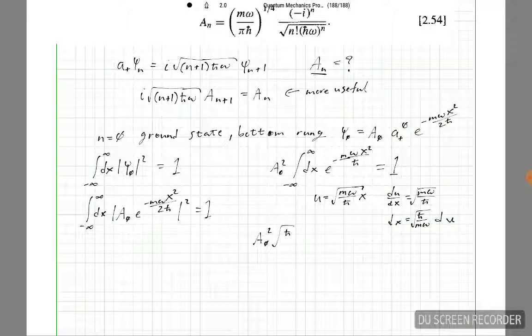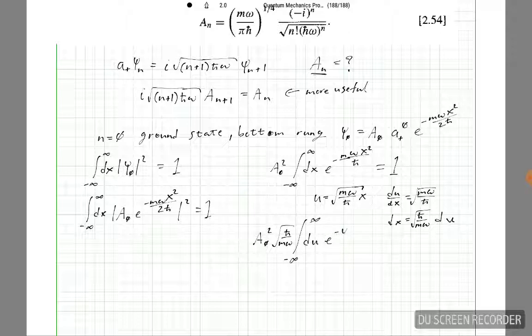That gives me this constant factor. My integral goes from negative infinity to positive infinity, because if I plugged in x equals negative infinity, u is negative infinity, and if I plugged in x equal to positive infinity, u is positive infinity.